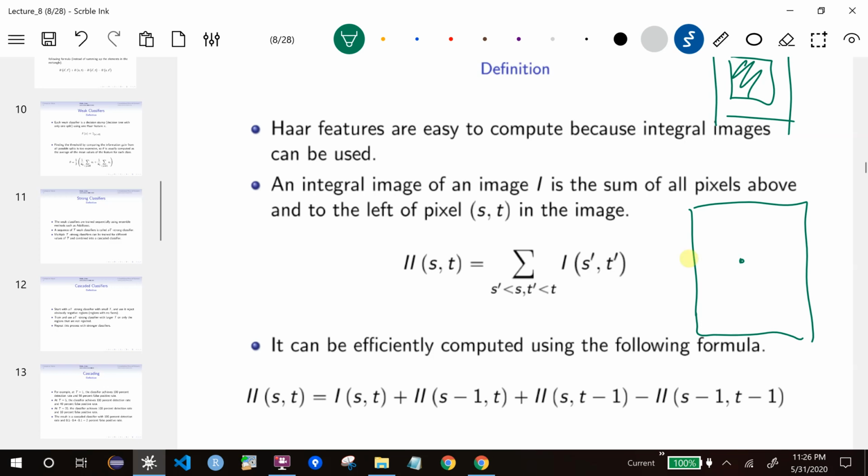Anyways, the integral image value at this particular point is just the sum of all pixels that are to the left and up. So of course, if we want to do this for all the pixels, it seems we need a lot of computation, but of course we're going to do it recursively. So if we look at, for example, that value, we want the integral image at that value, we have already computed the integral image at this value and also at this value and also at that one.